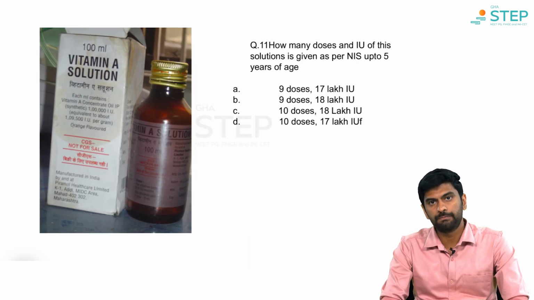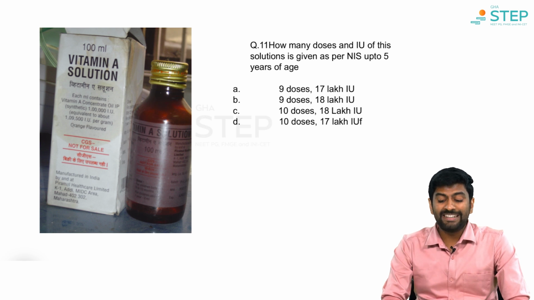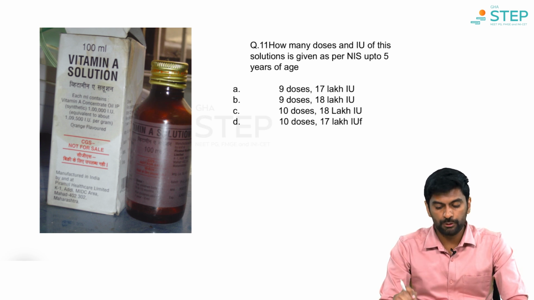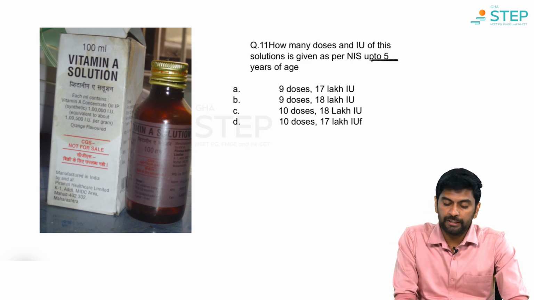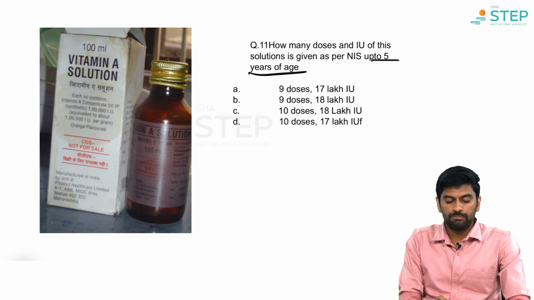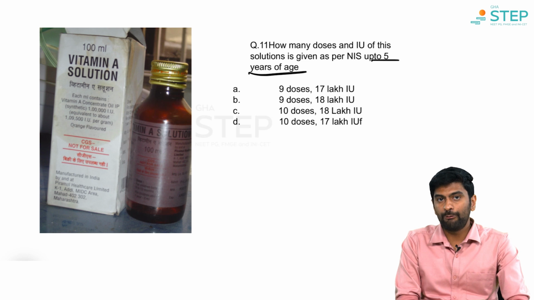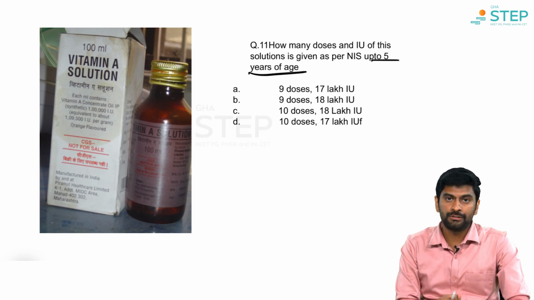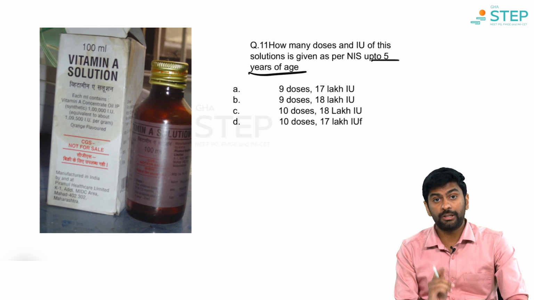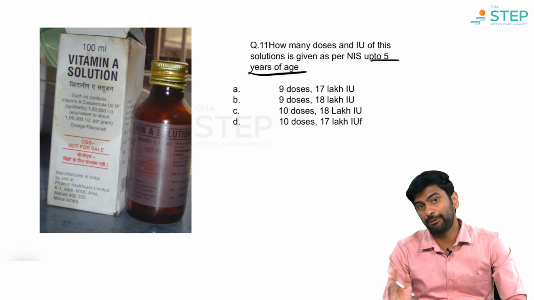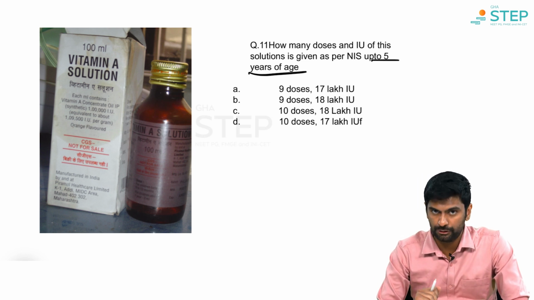Next, question 11. How many doses and international units of this solution is given as per the National Immunization Schedule up to 5 years of age? So this is vitamin A. Now we know that below 6 months of age, we give 50,000 international units. Between 6 to 12 months, we give 1 lakh international units, and above 1 year of age, we give it as 2 lakh international units.